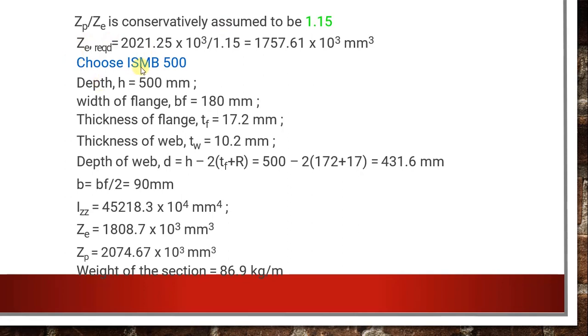By putting the values into this expression, 2021.25 into 10 to the power 3 divided by 1.15 will give you the elastic section modulus as 1757.61 into 10 to the power 3 mm cube.